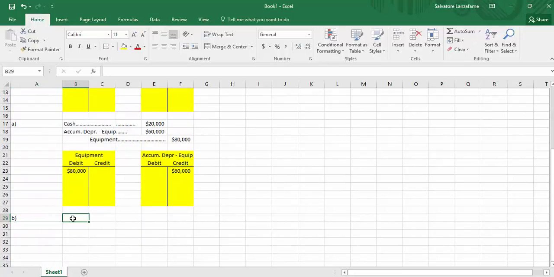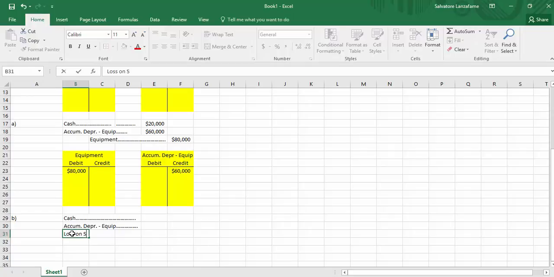So basically, the entry is going to be very similar to what we just did in the previous entry. The only difference is we're going to show a loss. And you want to treat losses like expenses, and we always debit expenses.